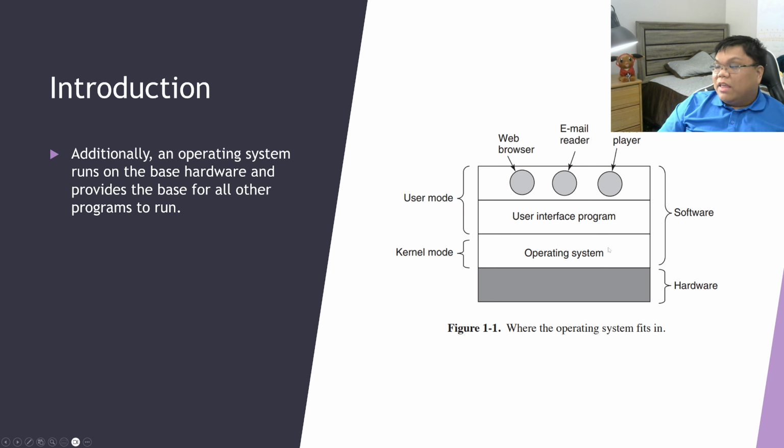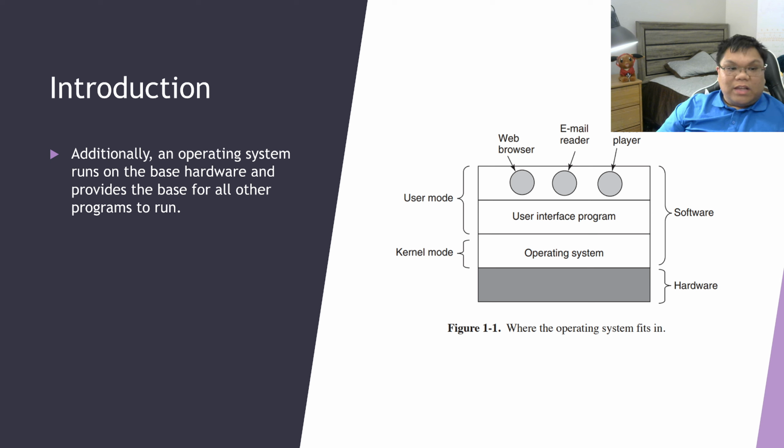And the second one is to provide a clean and abstract interface for programs to use. So, to back this up, it's to manage all the hardware and to provide an interface for programs to use. And all of these details we'll get into a little further in the slides.